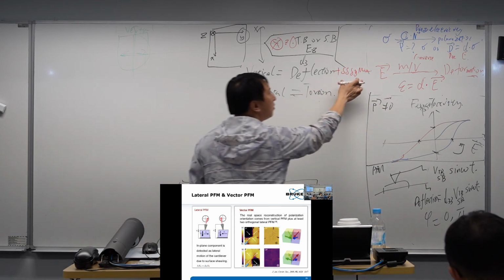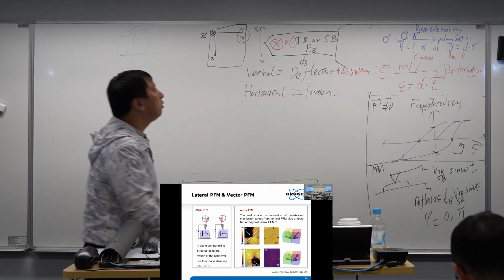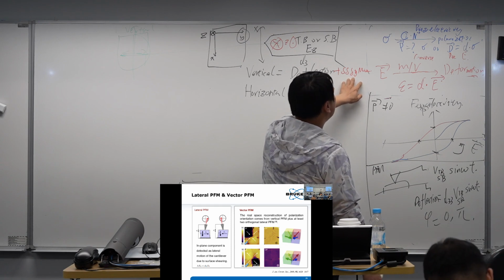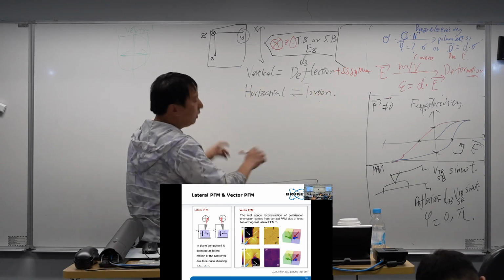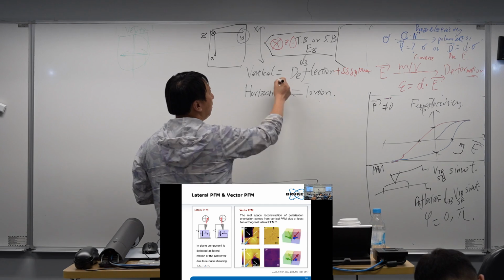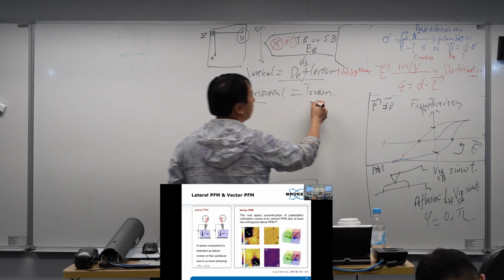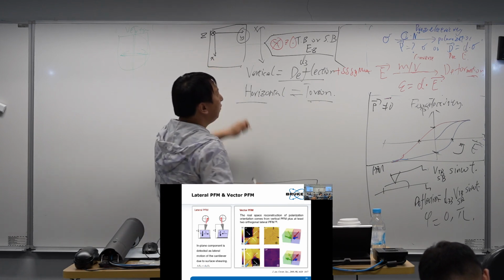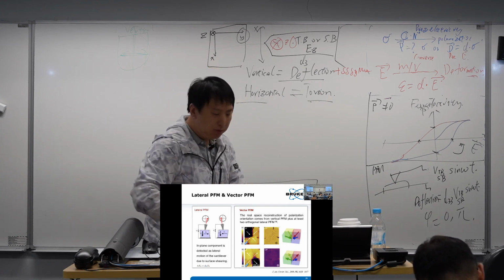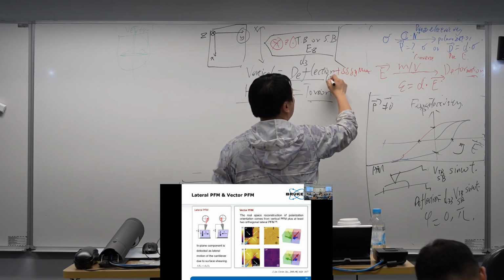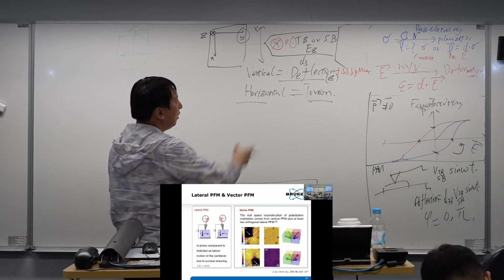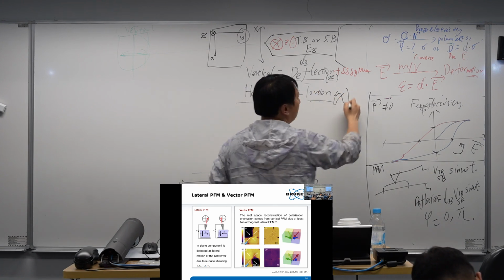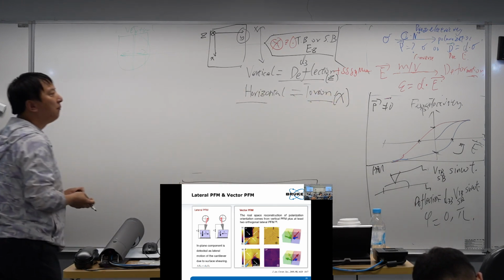But this term is so weak that usually we don't consider it. So mainly we consider the vertical is deflection, the horizontal is the torsion. In our coordinate here, the deflection or the vertical represents the z direction force, and the horizontal in our coordinate here is the x direction.